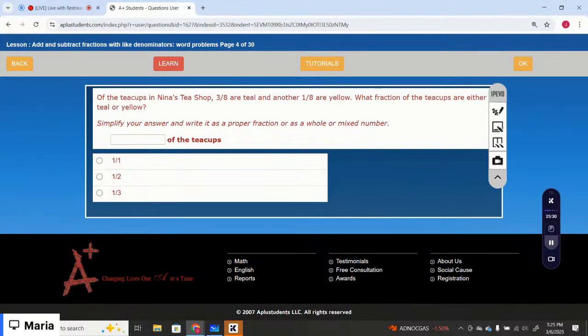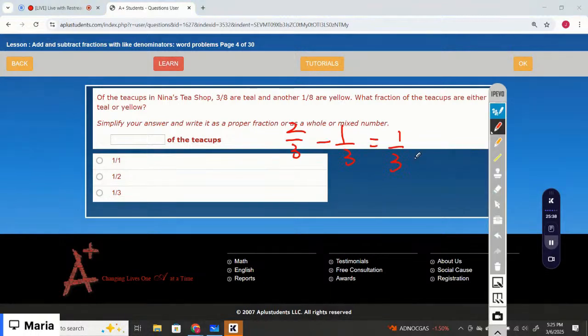Of the teacups in Nina's tea shop, 3/8 are teal and another 1/8 are yellow. What fraction of the teacups are either teal or yellow? So 3 over 8 plus 1 over 8. That equals 4 over 8.